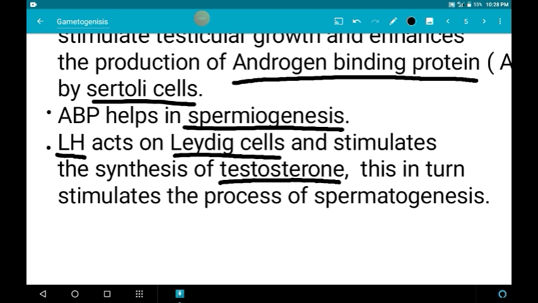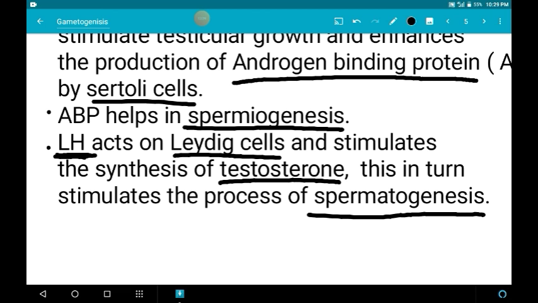Already you know that testosterone is the male sex hormone. So the Leydig cells secrete testosterone under the influence of LH. This testosterone in turn stimulates the process of spermatogenesis.